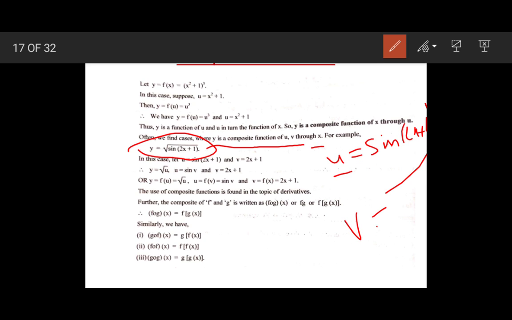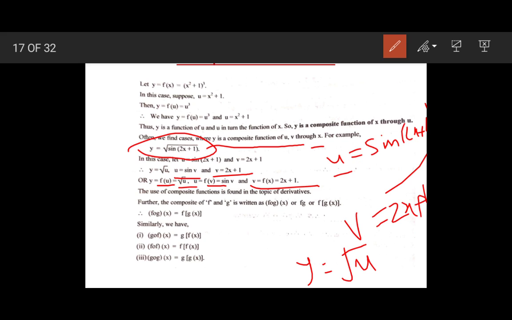And v is 2x plus 1. So y is equal to root of u, where u is sine v and v is 2x plus 1. Okay. So f of u is root u, f of v means sine v, and v is f of x means 2x plus 1.